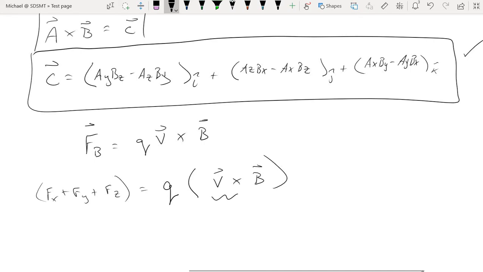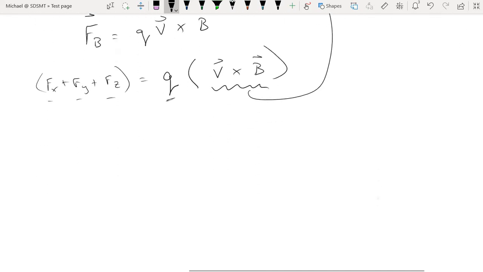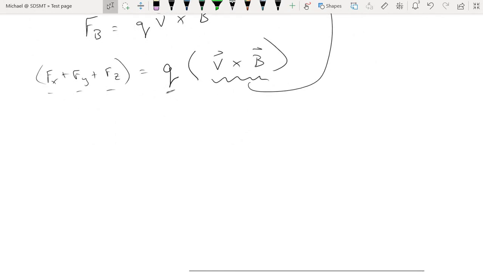And so we would use this method on the components of our velocity vector and our field vector, keeping in mind that all of our answers have to be multiplied by the scalar value of q, and that will give us all of the vector components of our magnetic force.